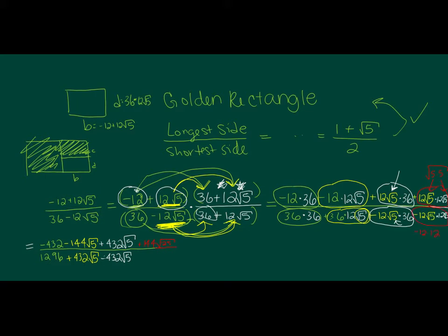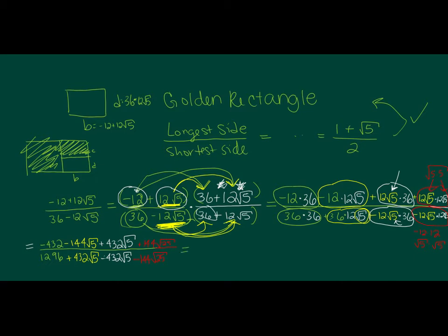Those are the numbers outside the radical. The numbers inside of the radical are square root of 5 and square root of 5. So negative 12 times positive 12 is negative 144. And square root of 5 times square root of 5 is square root of 25. We multiply those numbers under the radical together as well.